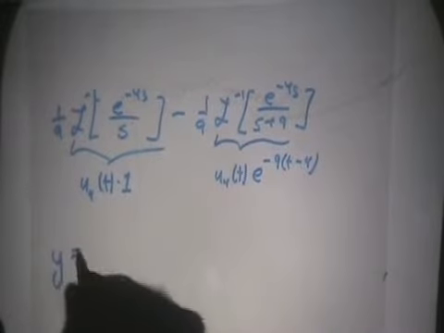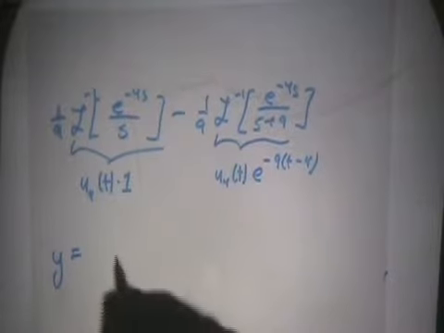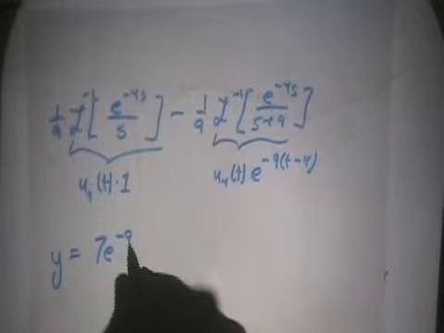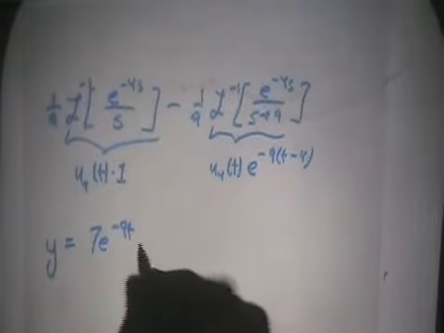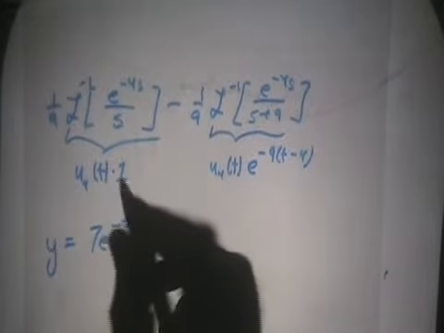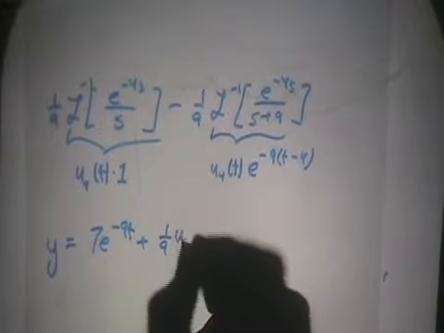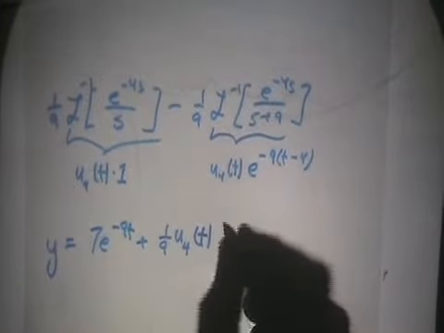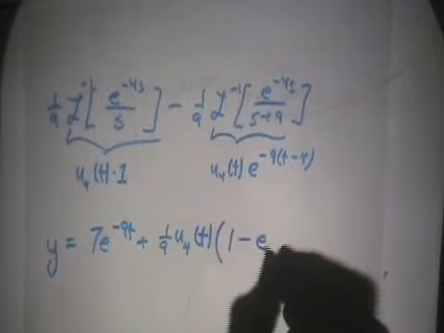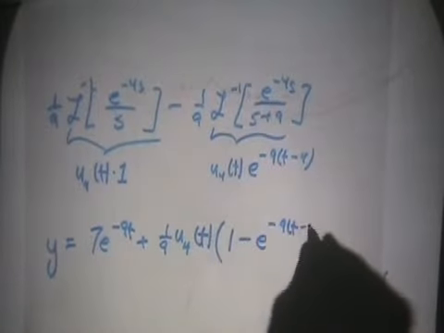Let's just jump to the answer here. So y, using what we found earlier, is 7 e to the negative 9t plus the difference of these two things, and I can factor out a 1/9: u4 of t times 1 minus e to the negative 9 times t minus 4.